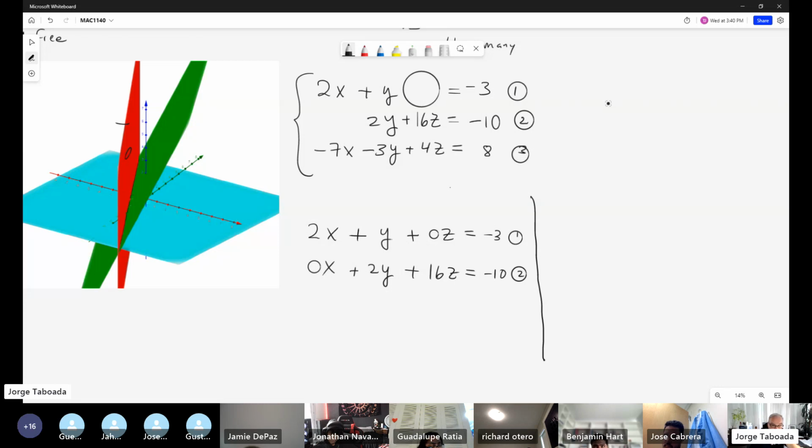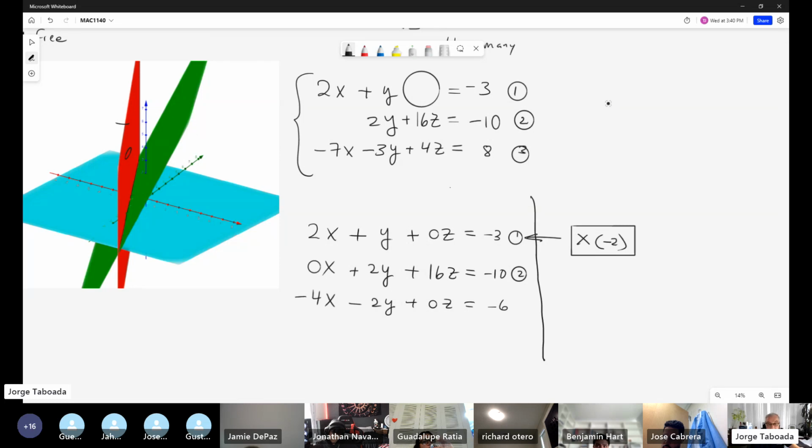Well, I suppose one good idea is to multiply that equation by -2. So the multiplier, I select as -2. And when you multiply the entire equation number 1 by -2, we have -4x, minus 2y plus 0z, because -2 times 0 is 0, equal to -6.